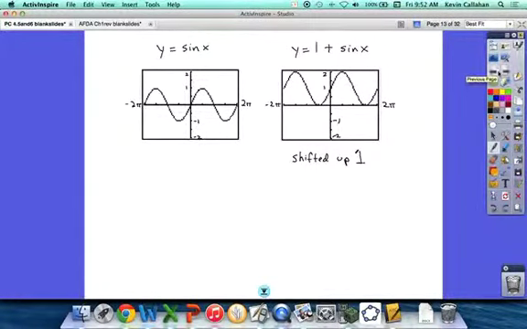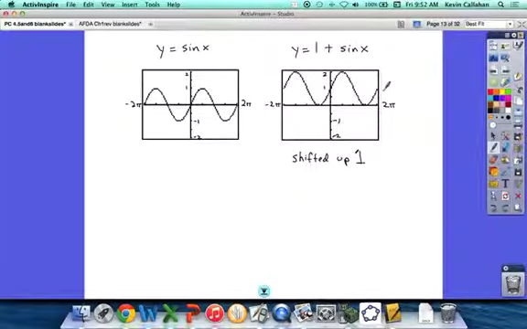Right, now we've got to look at the effect of the D. Well, what does it usually do to the graph of a function when you add a number after the function or before the function? It's a vertical shift. Right? So when I add 1, if I do 1 plus sine x, it takes this graph and moves it up 1.